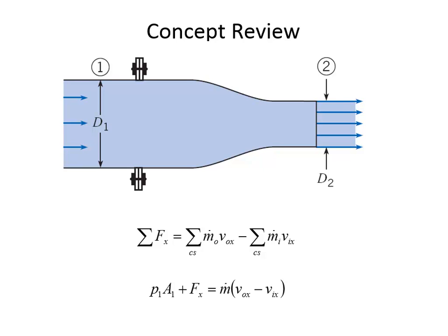Yes, right. And so then on the Bernoulli side of things, this is going to be our location 1, and this is going to be our location 2, and so it would be the pressure head, elevation head, velocity head, equal to the pressure head, elevation head, and velocity head.